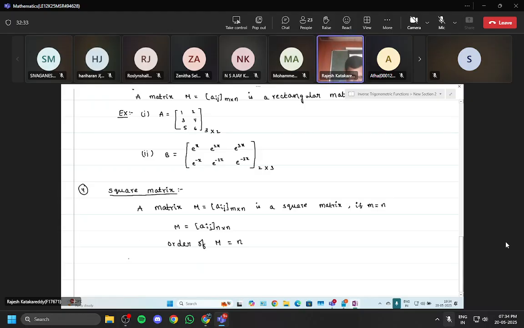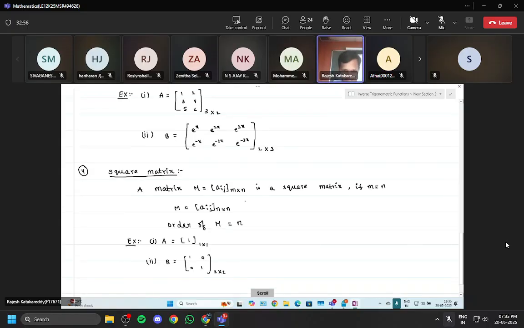Now examples of square matrix. There is a matrix of order 1 by 1. In this only one element you will be having. There is a matrix of order 2 by 2, a second order square matrix.